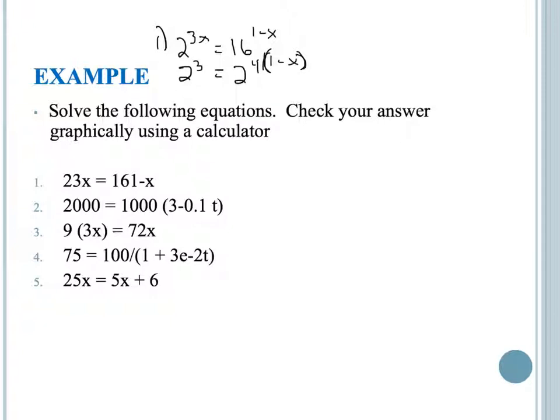Well, 1 minus x is then being raised to 2 to the 4th. So the 4 and the 1 minus x would be multiplied together. And since I have the same base of 2, I can now set my two exponents equal to each other.